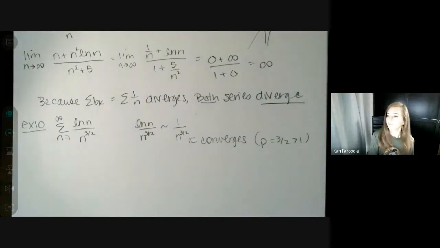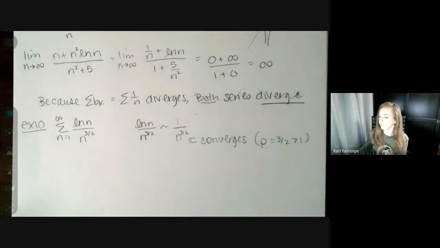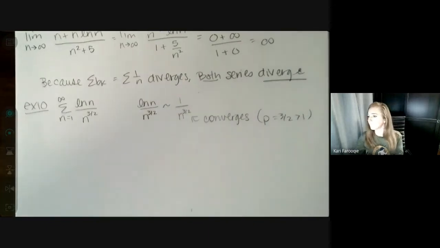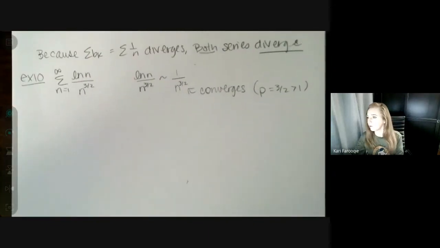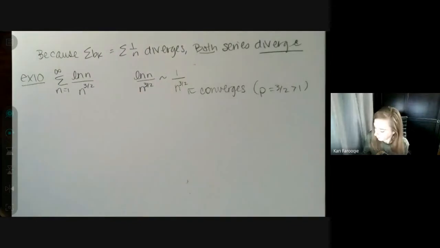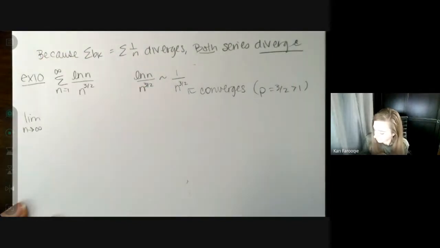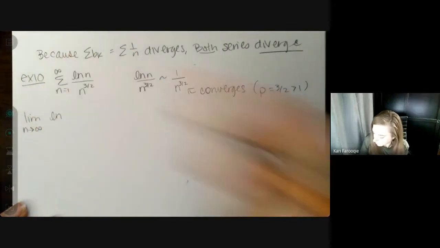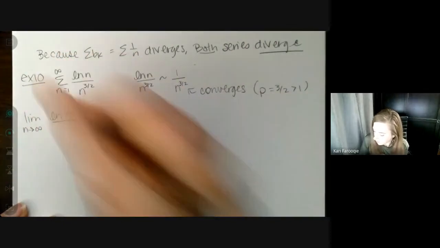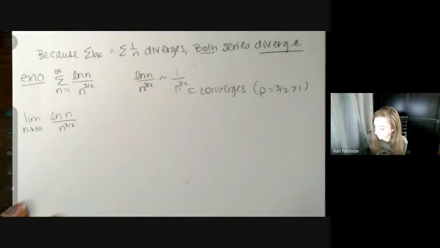Okay. Anyway, back to this. Let's go ahead and set up our limit. This is the natural log of n divided by n to the 3/2.